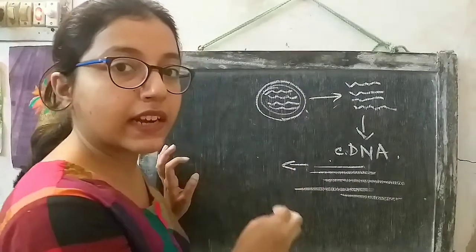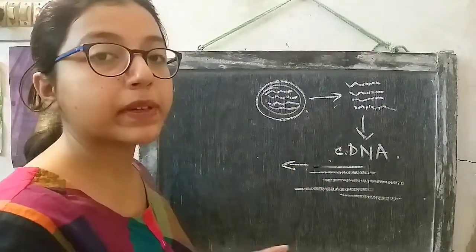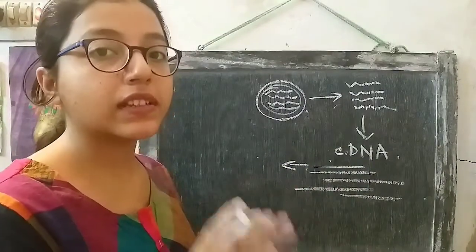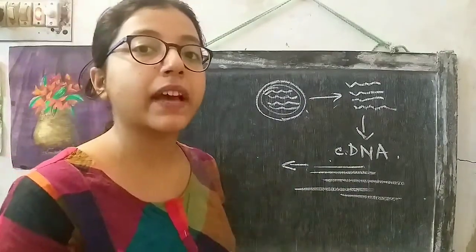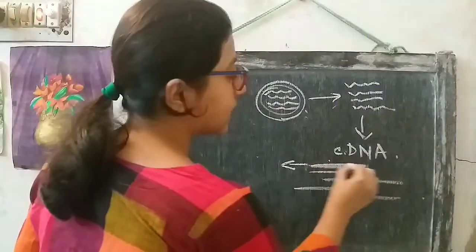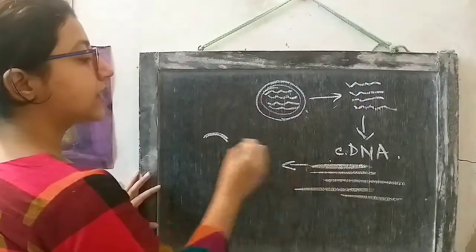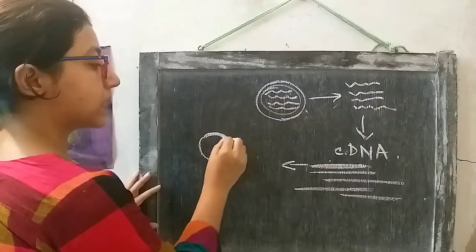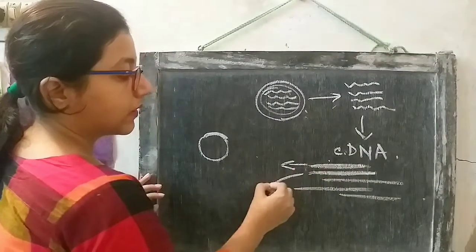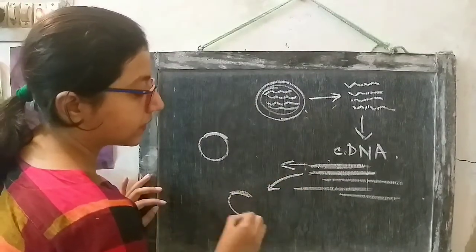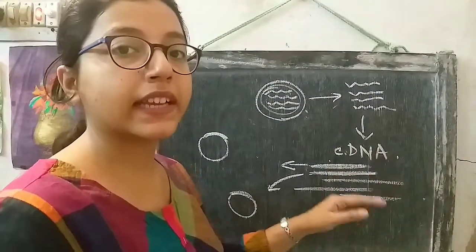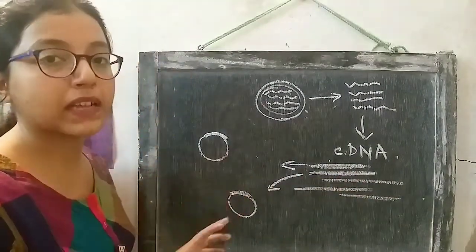Individual cDNAs are taken and cloned in separate plasmids. From these thousands of cDNAs, individual cDNAs are taken one at a time and cloned in a single plasmid. This cDNA will be cloned in a single plasmid, and similarly, this cDNA will be cloned in another plasmid.